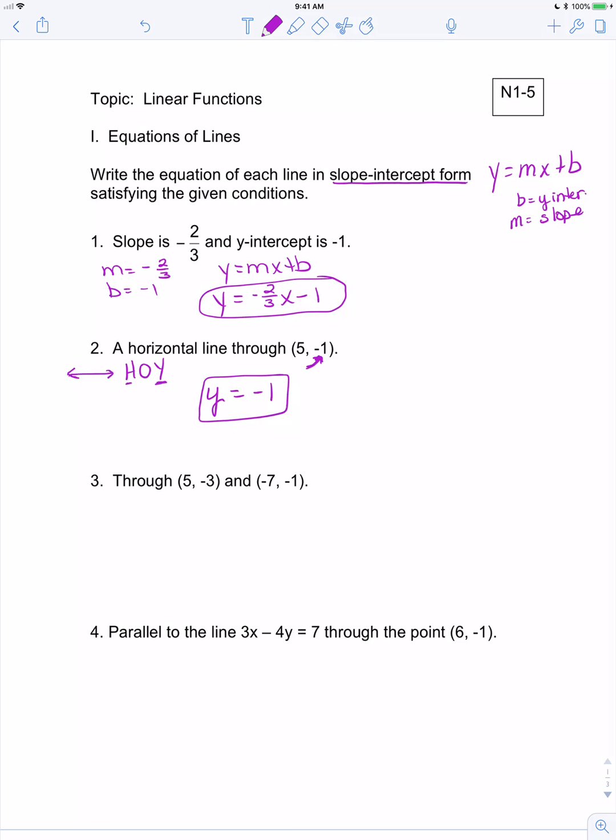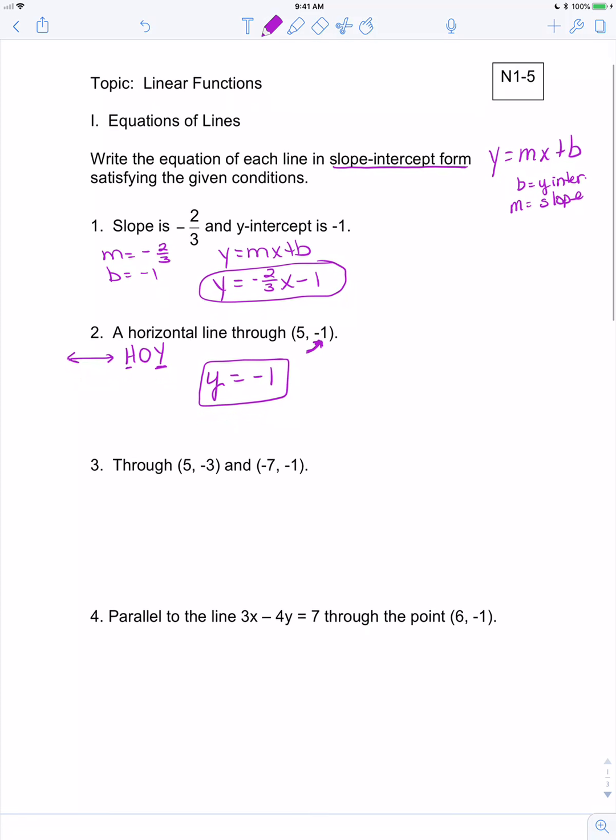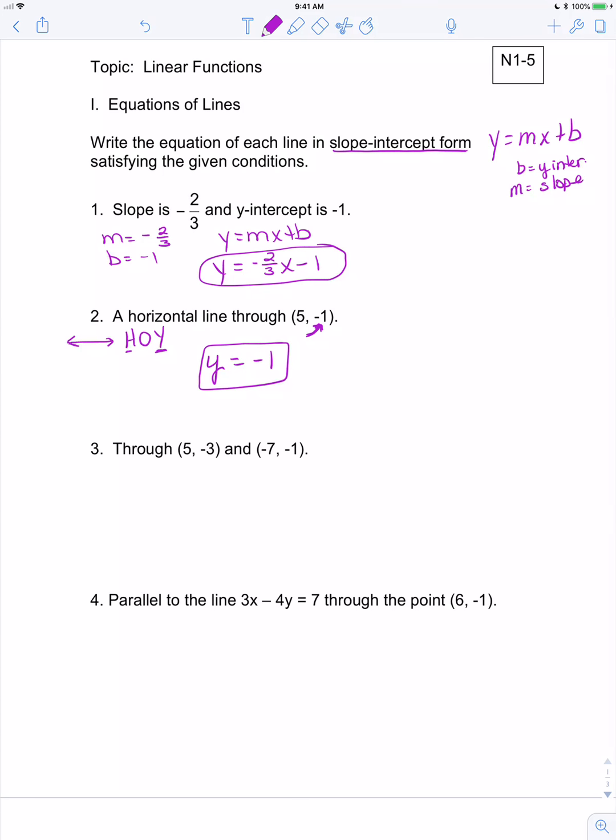Now we're given 2 points on the line, and we're told to put this equation in slope-intercept form. Given 2 points, the only thing that we can solve for is our slope. And maybe you remember that formula. m is equal to y2 minus y1 over x2 minus x1. So this is your x1, your y1, here's your x2, and your y2.